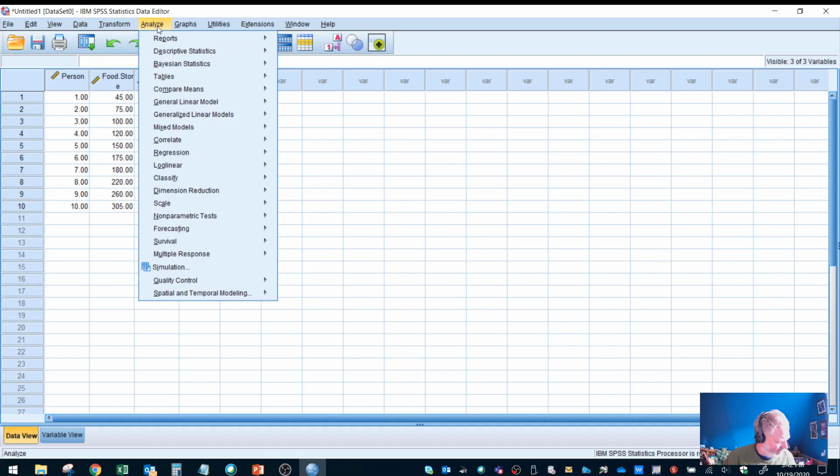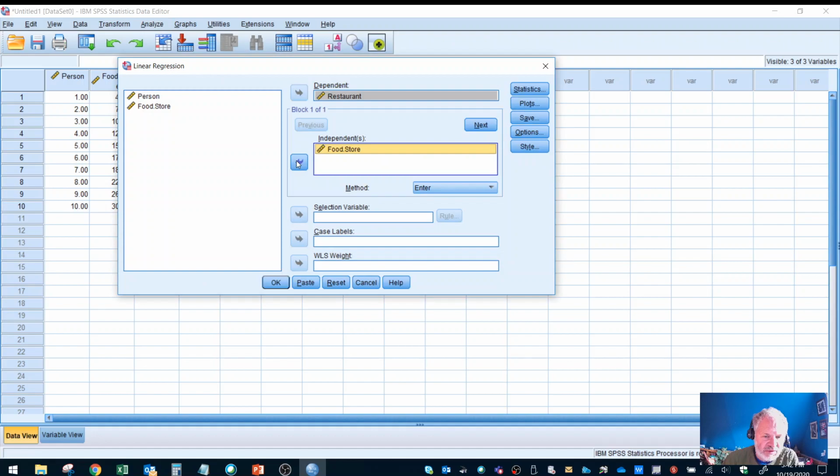Okay, here we go. Regression, linear. My dependent measure is restaurant, and food store is my x variable. The x is the independent, y is the dependent, and then I run my regression.